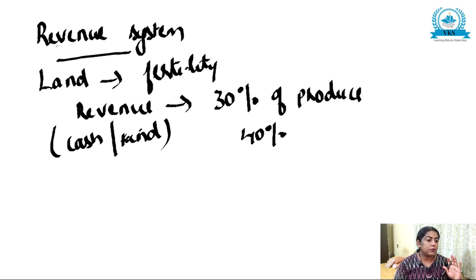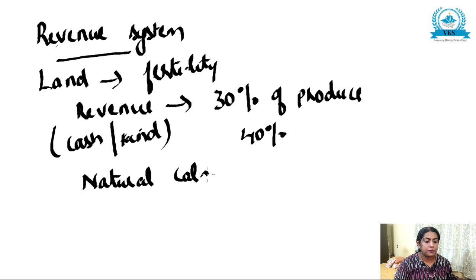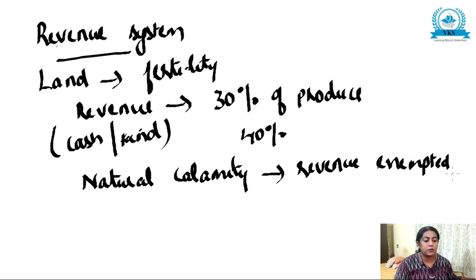And whenever there was a natural calamity, land revenue was exempted. During any natural calamity, during flood or famine, the revenue was exempted. So that was a very good thing done by Shivaji.